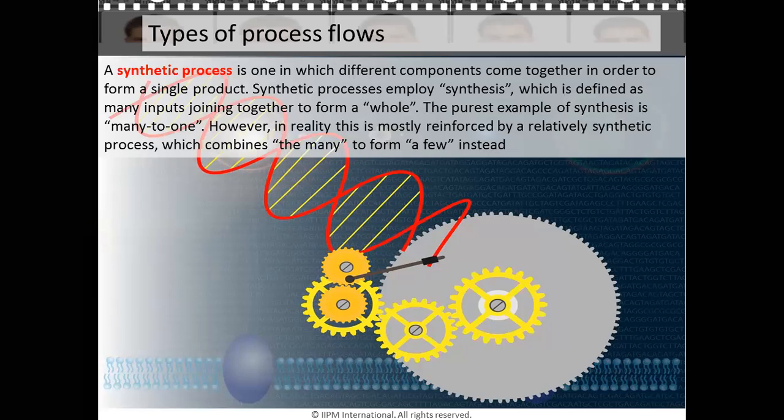However, in reality, this is mostly replaced by a relatively synthetic process, which combines the many to form a few instead. So if we say process flows, the analytical processes could be one to many, and the synthetic is many to one. So analytical, you're breaking one into different fragments, and then synthetic, you're bringing different fragments to form one.